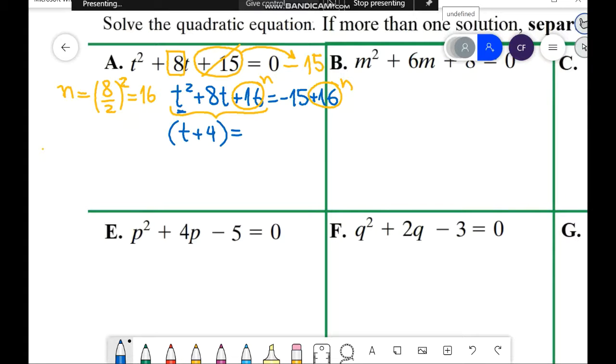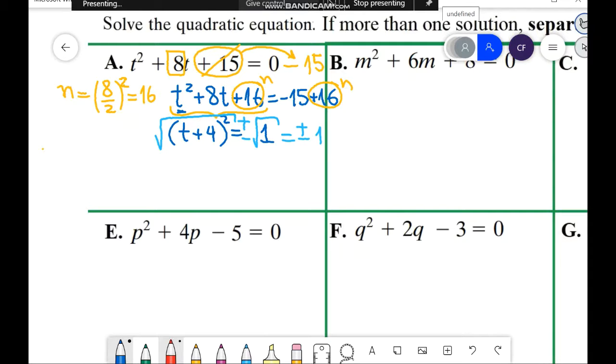And on the other side, negative 15 plus 16, 1. This is squared. Now apply on this equation the square root property, square root on one side, square root on the other side, and don't forget to have positive or negative here. This is positive or negative 1.